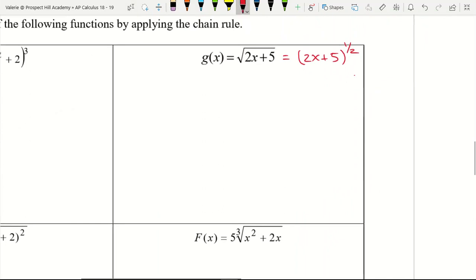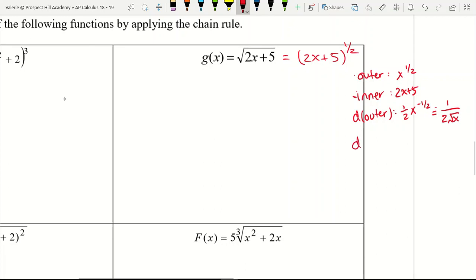Our outer function is x to the 1/2. Our inner function is 2x plus 5. The derivative of our outer function is 1/2 x to the negative 1/2, which is also just 1 over 2 root x.